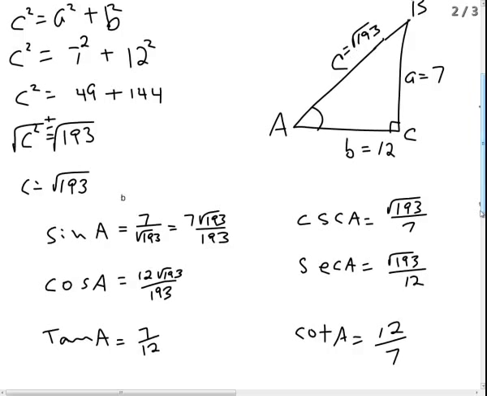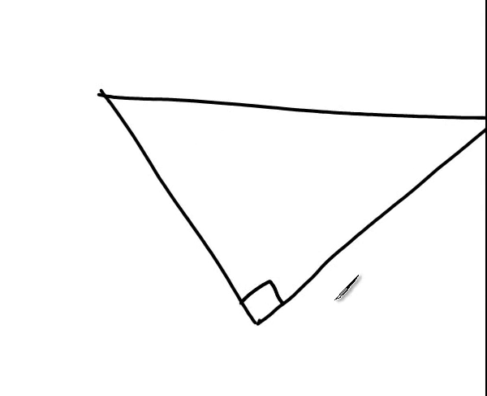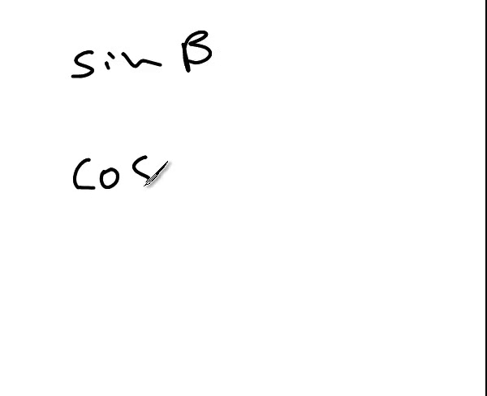All right, so if you had a triangle that looked like this, and we had Y, K, and Z. And we have angle A here, and B and C. Okay, find the 6 trigonometric values, sine of angle B, cosine, and tangent.